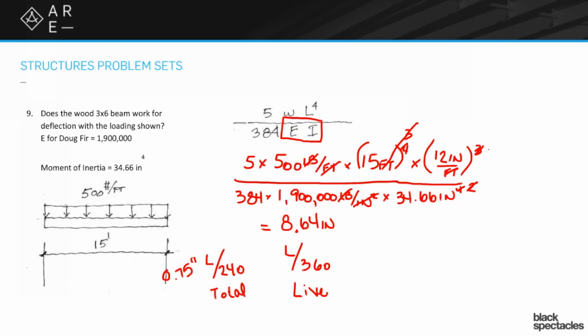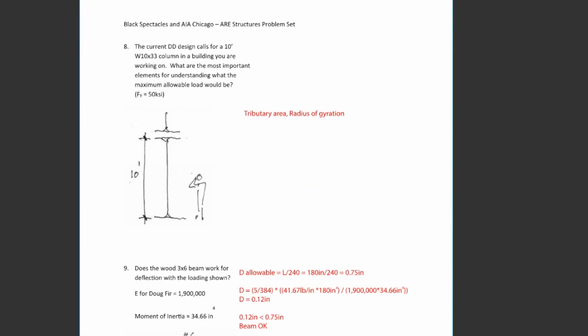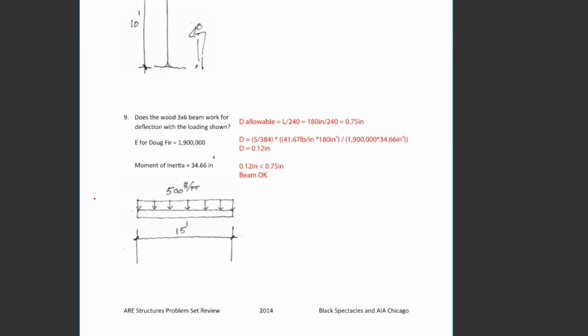All right. Let's take a quick look at what our friends at home, what our respondee said. So this one, we look at number 9 here, and we see that they got the L/240. That looks good. So they figured out the 0.75 inches, the 3/4 of an inch, and that first run, 5 over 384.